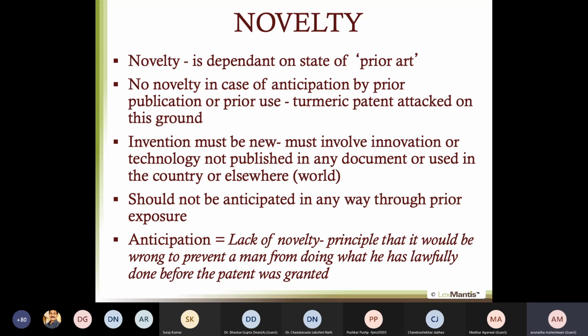So now, for example, people who are coming out with antiseptic ointment, turmeric antiseptic ointment, and they go to the patent office and say, we want a patent on turmeric antiseptic ointment. The patent office is going to say that you are not doing anything new. Our literature shows enough documentation of antiseptic properties of turmeric. So the prior art has been established and is shown.